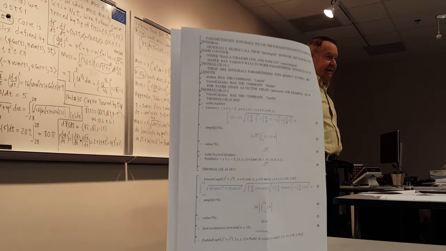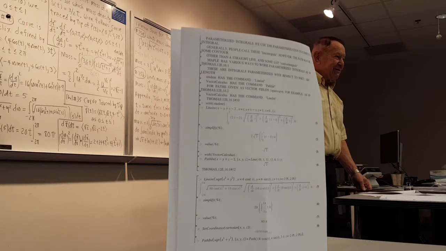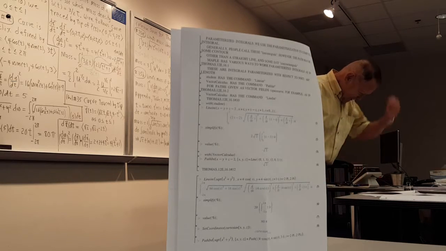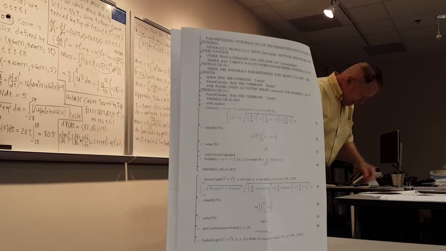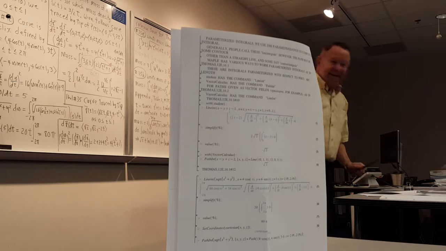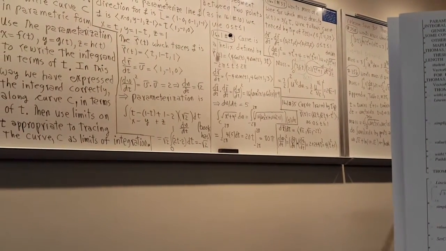Of course, it doesn't tell you how it did it, but you can't have everything from computers. You can either get them to tell you the answer if they don't screw up, or you've got to figure out yourself how they did it. Okay. But anyway, these can be done with Maple.